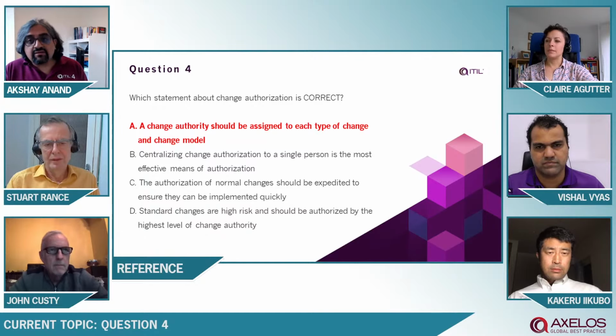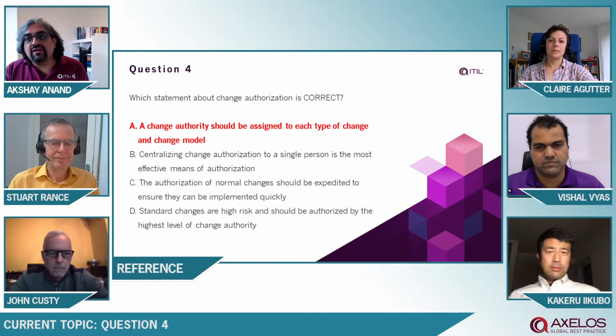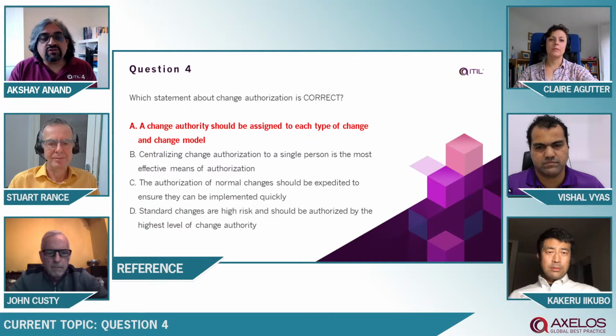Yes, it can be correct in a certain context, but it's not universally correct. And the question doesn't say which statement about change authorization is mostly correct or contextually correct. It is definitively, i.e. universally correct. And for me, C is a very contextual application of the guidance. It's not universal. And that's the way I eliminate C in this sort of a question.